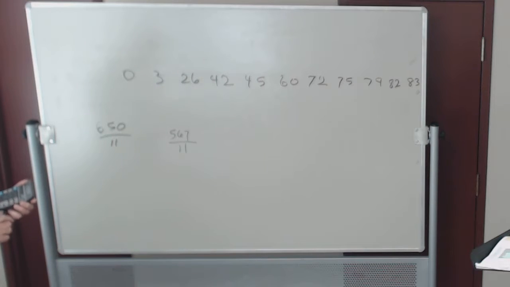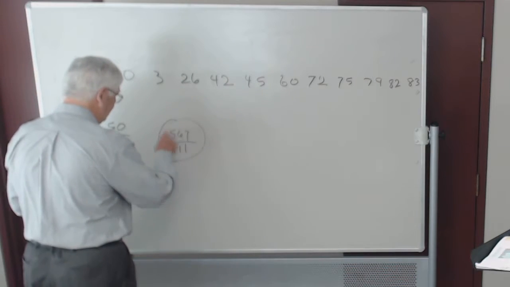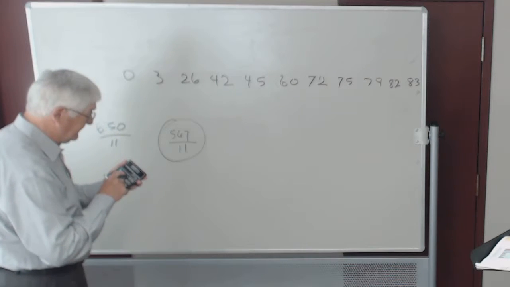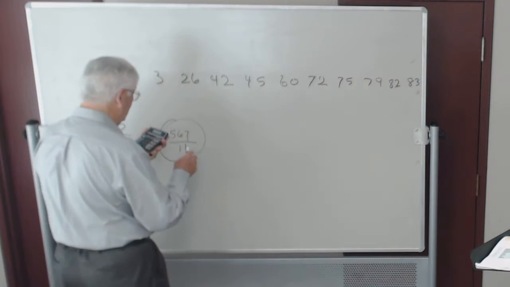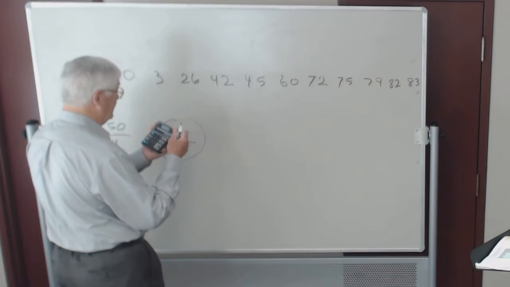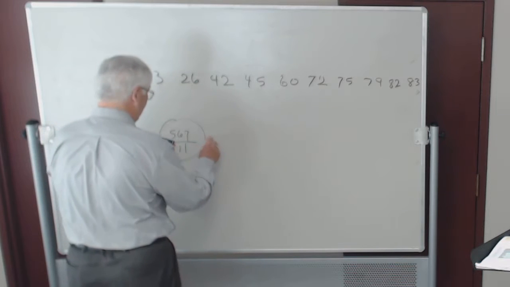So you've got to figure out how to use your calculator. It's not rocket science, but you're doing so many repetitive motions that you can make a mistake, because I was going just plus, plus, plus, plus. So you're saying this is the right answer? Yeah. 567 divided by 11 equals, now what is that? Can't tell where my decimal point is.